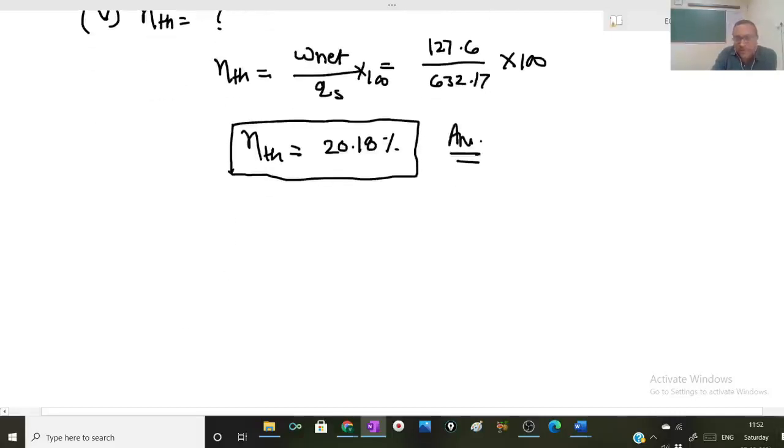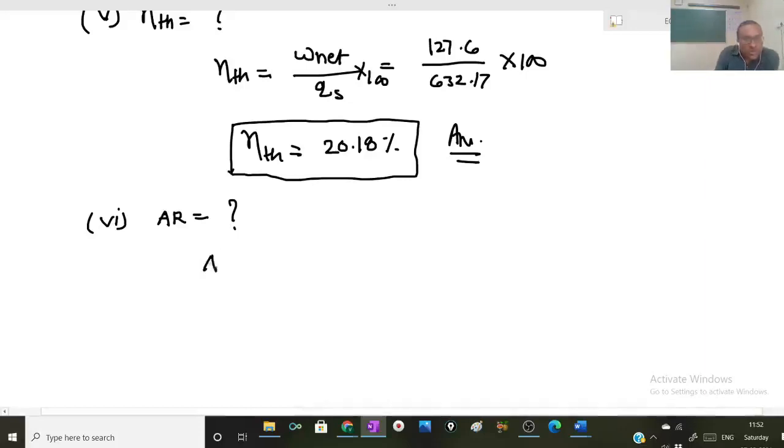Then parameter number 6, air rate. I have discussed different performance parameters related with the gas turbine cycle like air rate, cycle rate, heat rate, then work ratio, back work ratio, specific fuel consumption.